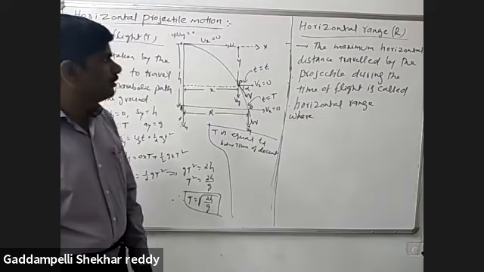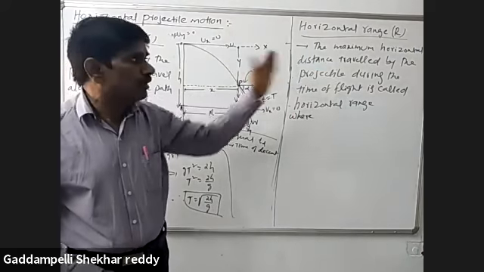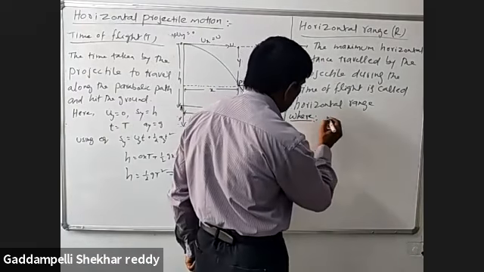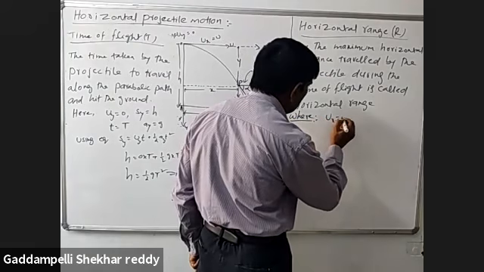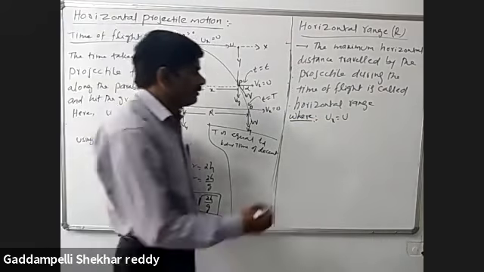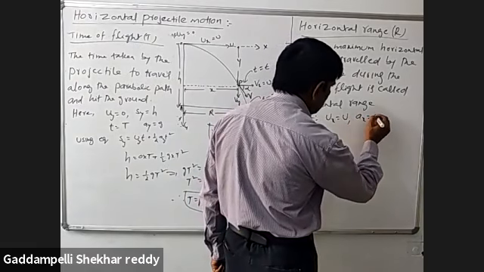Here we consider the horizontal component, so we consider the horizontal parameters. Horizontal velocity ux is equal to u. Next, horizontal acceleration ax is equal to 0.